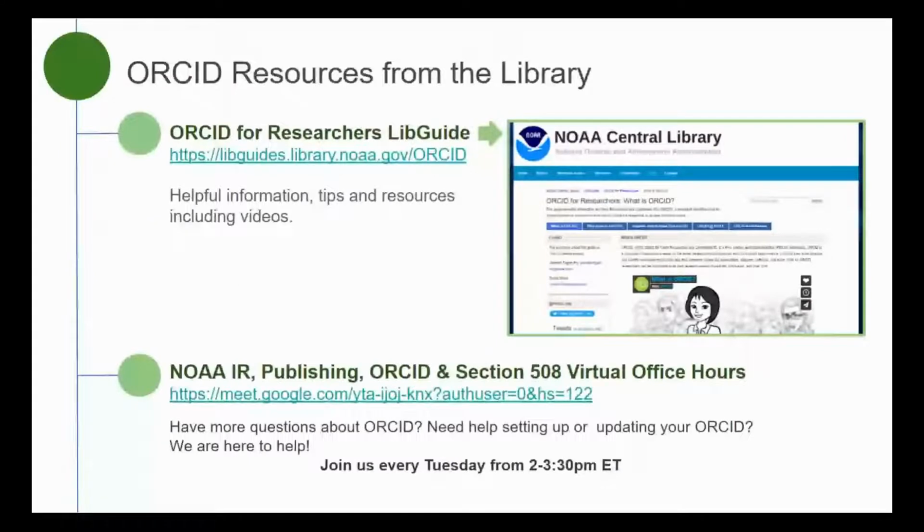And we have a number of resources through the library. Jen built a really useful, very attractive LibGuide. This screenshot does not do it justice. With a lot of helpful tips, more information about what we're doing with this, and some resources including links and videos.